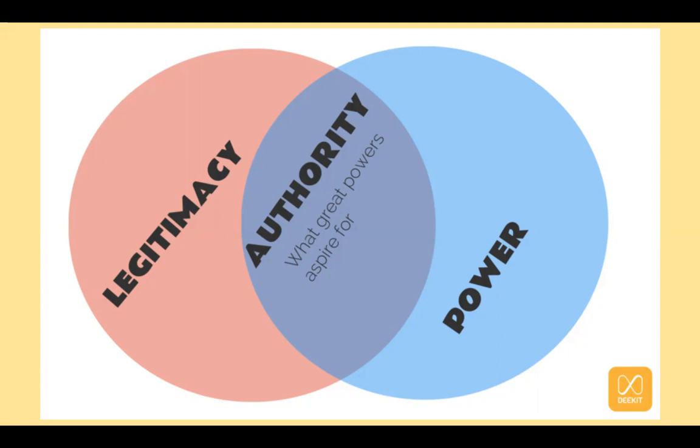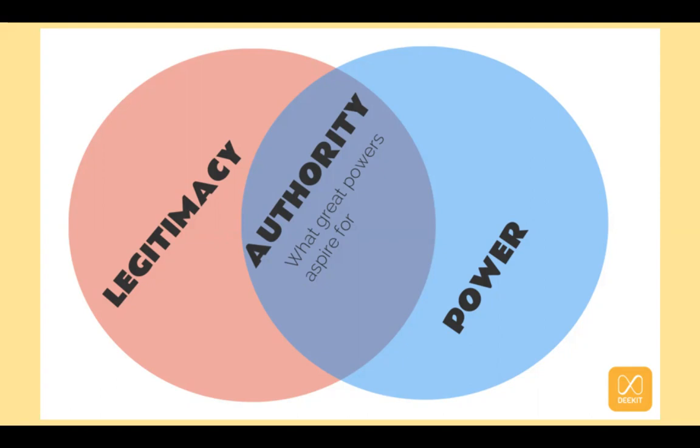Power is a capacity to bring about a specific outcome. That's separate from the legal architecture and the just or well substantiated or well solidified basis for legitimate authority. Power is something else.